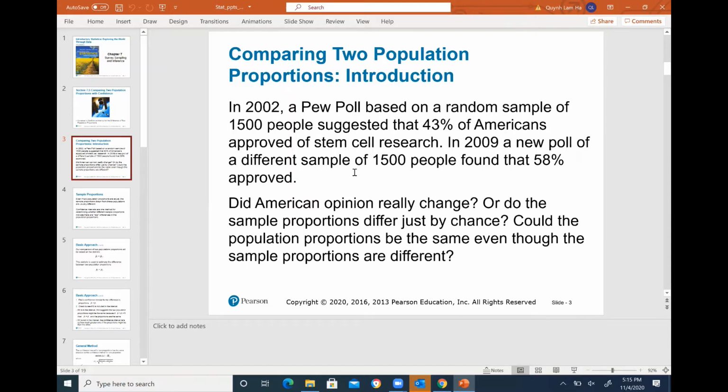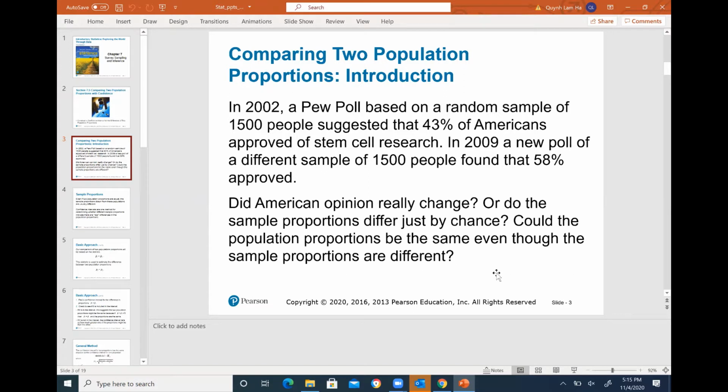We want to see if it really changed, or if the sample proportions differ just by chance. Could the population proportions be the same even though the sample proportions are different? So let's answer that question with some process.